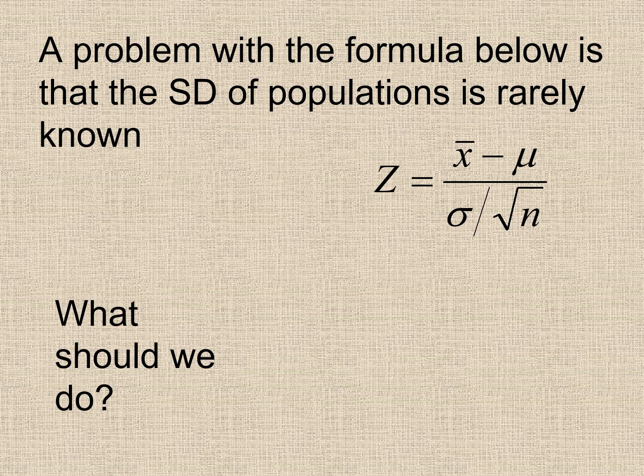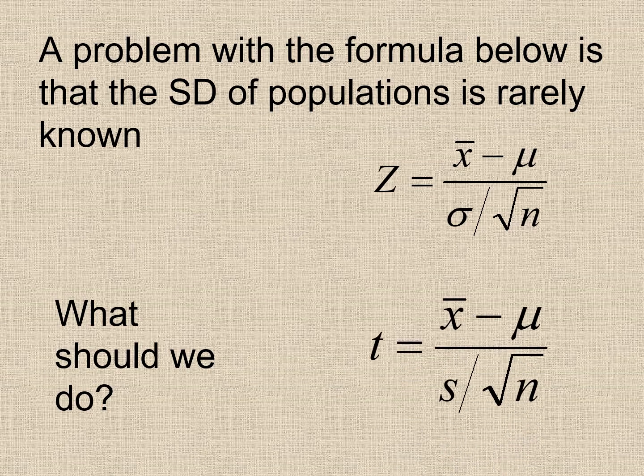So we replace sigma, the population standard deviation, with the measured standard deviation in the sample. However, if we do that, there's increased uncertainty in our calculations, and we don't call this a zeta score anymore. Instead, we call it a t-value.